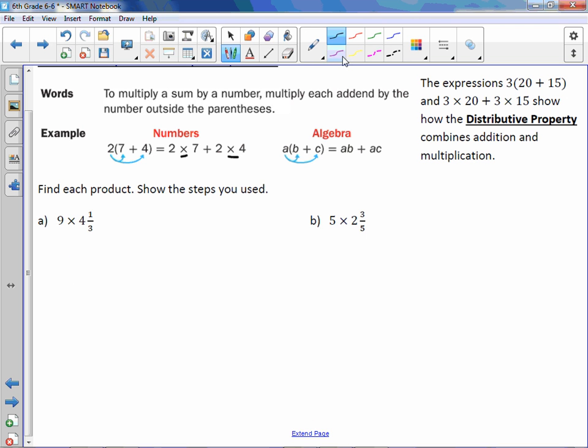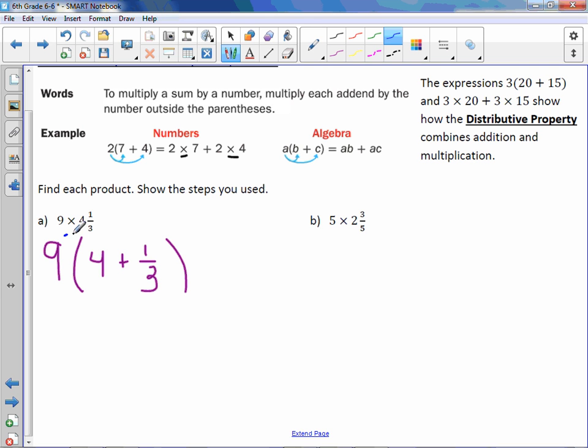However, using the distributive property, we can speed it up a little bit. 9 is the number we are multiplying, and we want to take 4 1/3 and break it apart. Well, 4 1/3 is the same as 4 plus 1/3. You have 4 wholes, and 1/3 is your part.